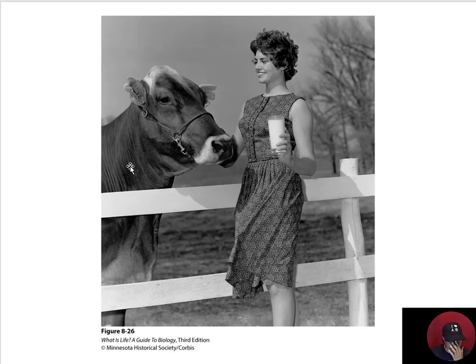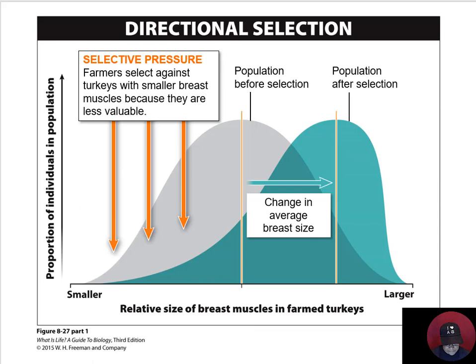And if you look at a commercial dairy cow, their udders are so large that for many of them it's difficult to walk great distances. So we have to be very careful that we don't select for such a large udder that now the cow can't walk at all, right? So we have to be very careful.